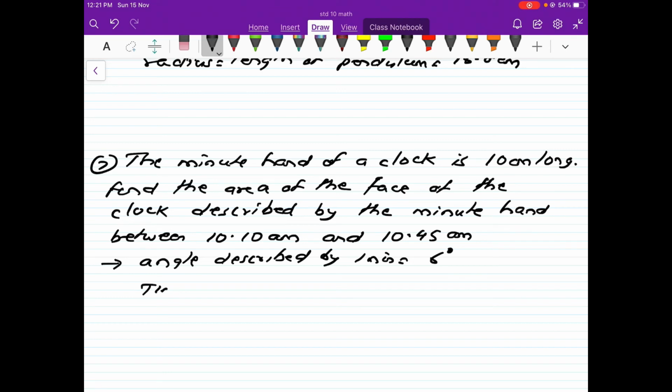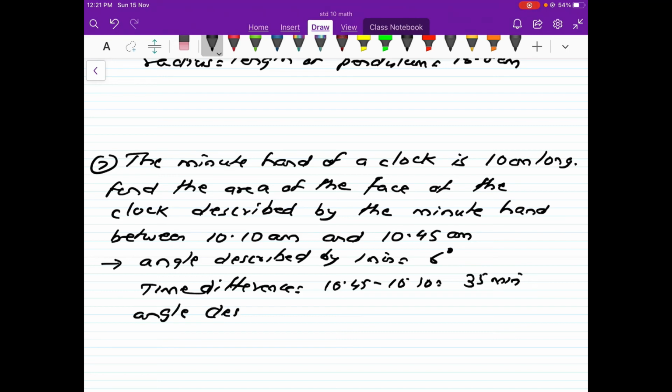So what is the time difference? 10:45 minus 10:10 means it is 35 minutes. So the angle described by 35 minutes is equal to 35 into 6, 180 plus 30, 210 degrees.